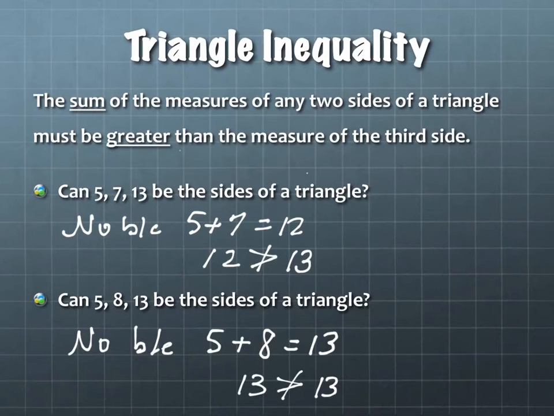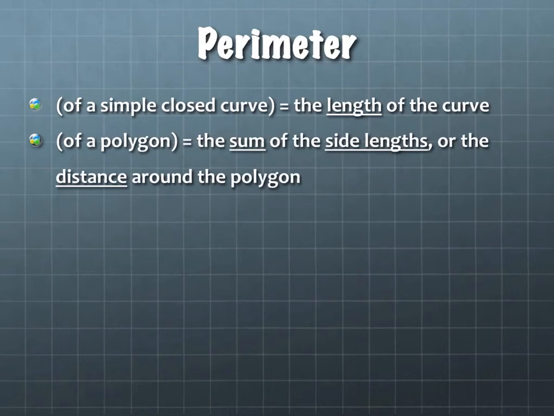Perimeter is a measurement that we use a lot. Sometimes people get perimeter and area confused, so we're going to do perimeter today. Perimeter of a simple closed curve is the length of the curve. The perimeter of a polygon is the sum of the side lengths, or the distance around the polygon. The phrase distance around is, for me, the most useful description of perimeter.